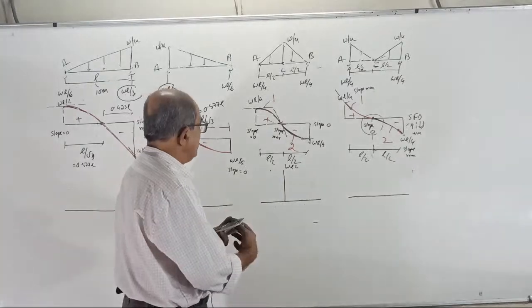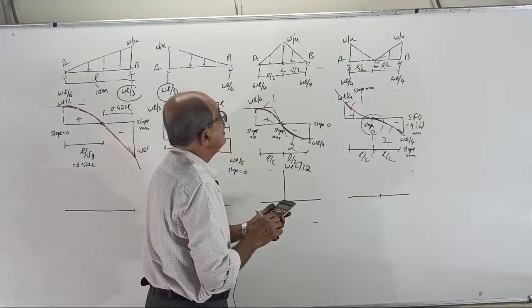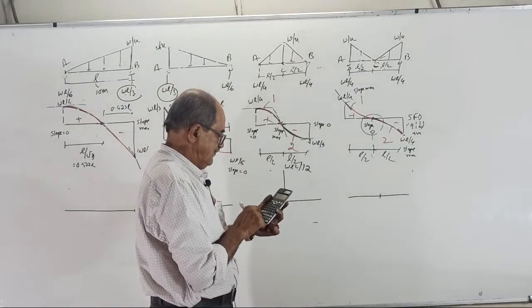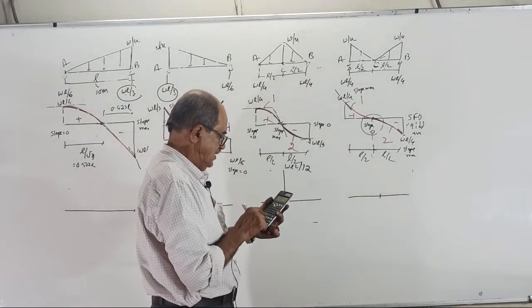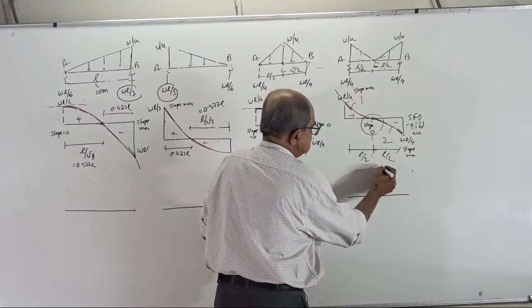That is WL square by 12. Here, bending moment equals 0.25 into 0.5 minus half into 0.5 into 1 into 2 by 3 of 0.5. That is WL square by 24.